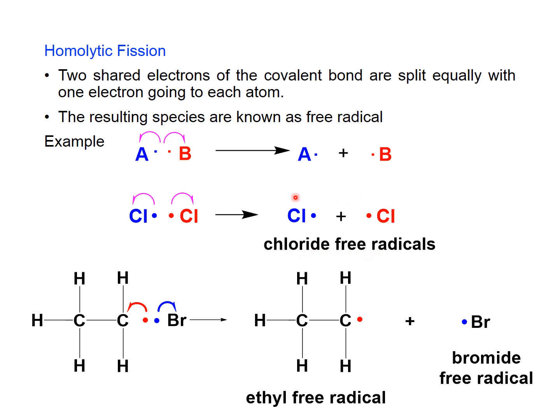Two free radicals kat sini. So for the ethane tadi, contoh ethane pun sama. So one goes to carbon kat sini, one goes to the bromine atom. So it will create an ethane free radical which has one extra electron kat situ, and the bromine free radical which has an extra electron kat situ.